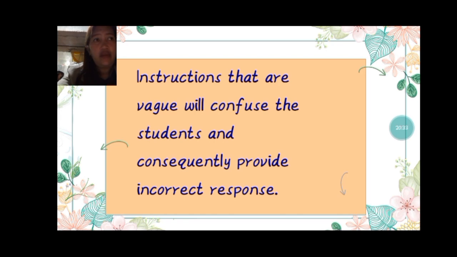Because of instructions which are not understood, there is a possibility that the students will give incorrect responses. They will not be able to answer correctly because they did not understand the direction or the assessment, because it is very complicated or very vague.